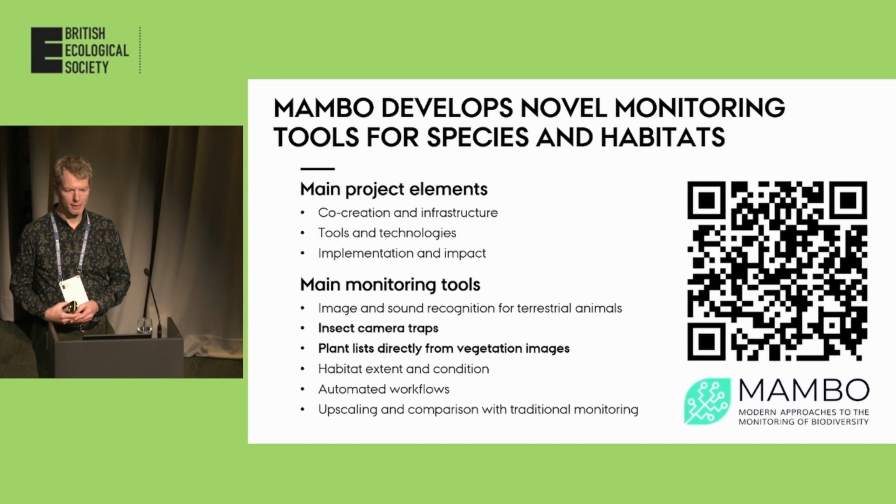It uses cameras particularly to observe both plants and vegetation, but also animals, and in particular insect camera traps are one focal point, along with the use of images for acquiring plant species lists. So you could essentially imagine you take photos of your plant quadrats and get entire species lists from those photos.